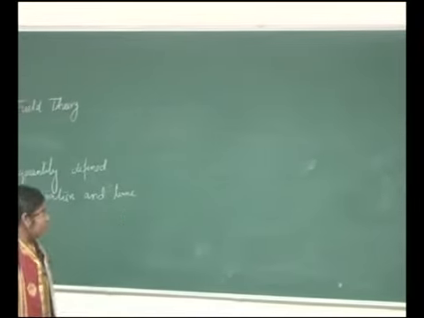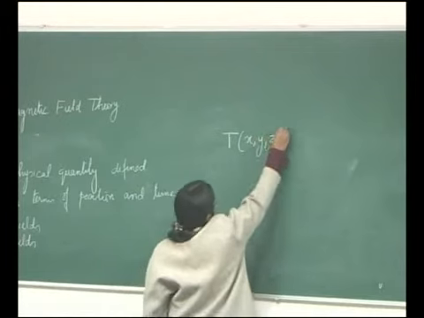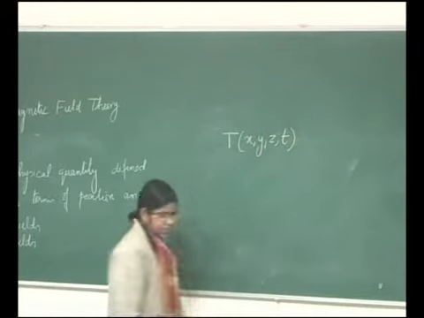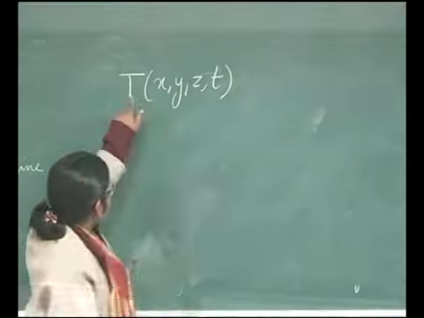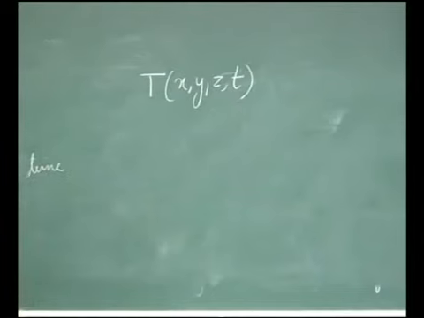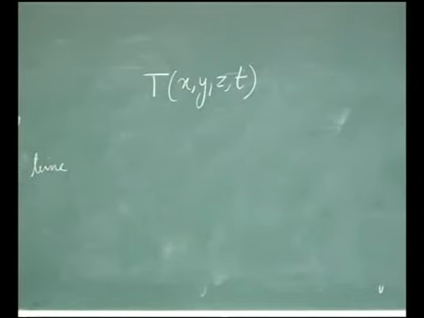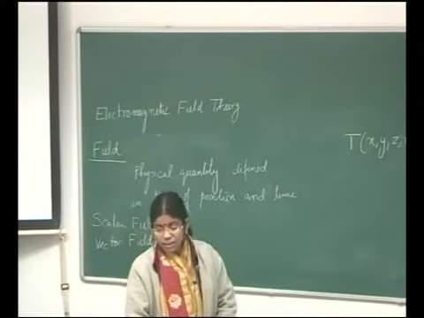Temperature is defined as a function of x, y, z and t, where t is the time parameter and x, y, z are position coordinates in the Cartesian system. So now you can say temperature is position dependent. For different x, y, z, the value of temperature is different. So can we say that temperature suddenly starts to behave like a vector quantity?